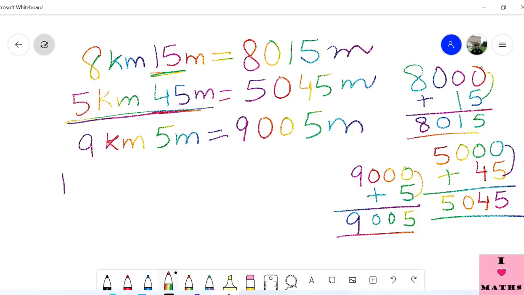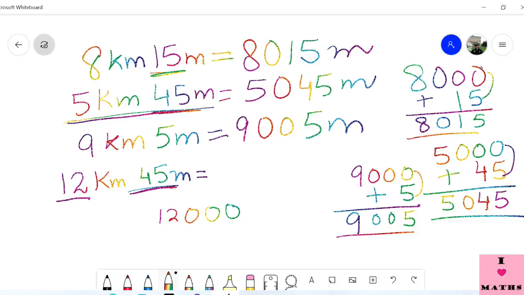One more example. Suppose the distance between place X and Y is 12 kilometers and 45 meters. Now, remember, 1 kilometer is 1,000 meter, 2 kilometer is 2,000 meter, 9 kilometer is 9,000 meter, and 12 kilometer is 12,000 meters. So, in 12,000, we have to add this 45.